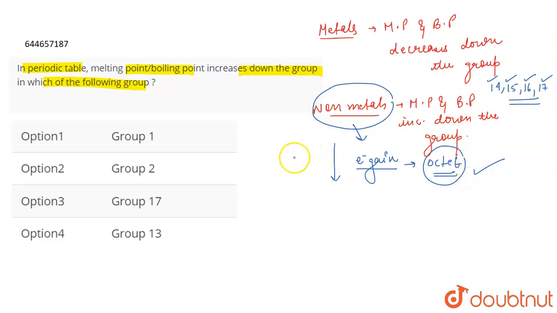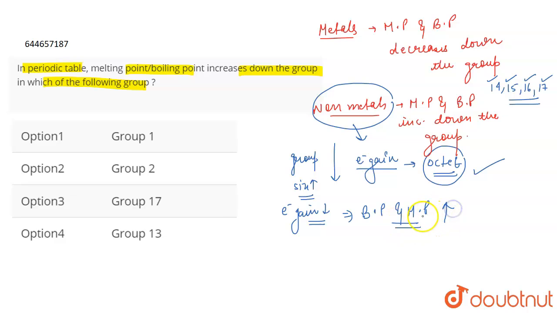And as we go down the group, the size is going to increase, and as the size increases, the electron gaining capacity decreases, because now the nucleus cannot attract the electron to a greater extent. Therefore, the tendency to gain electrons decreases, which leads to an increase in boiling point and melting point of these elements.